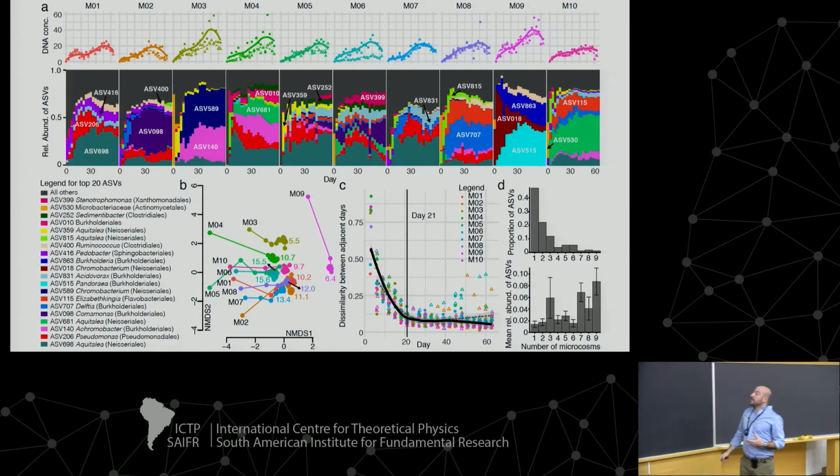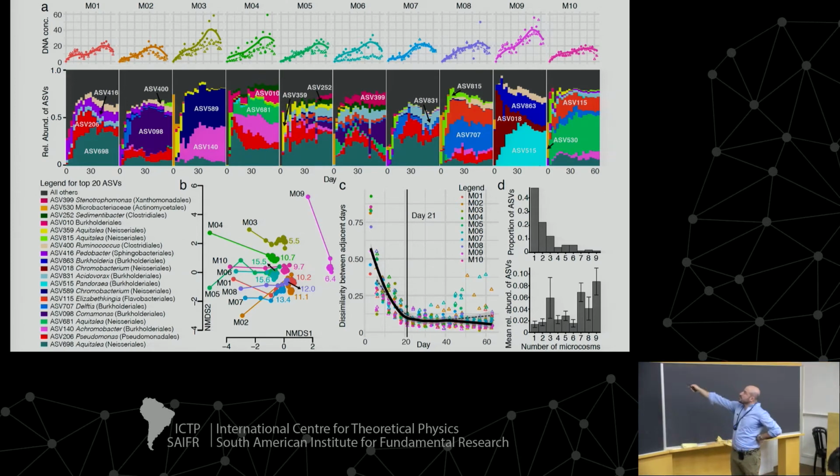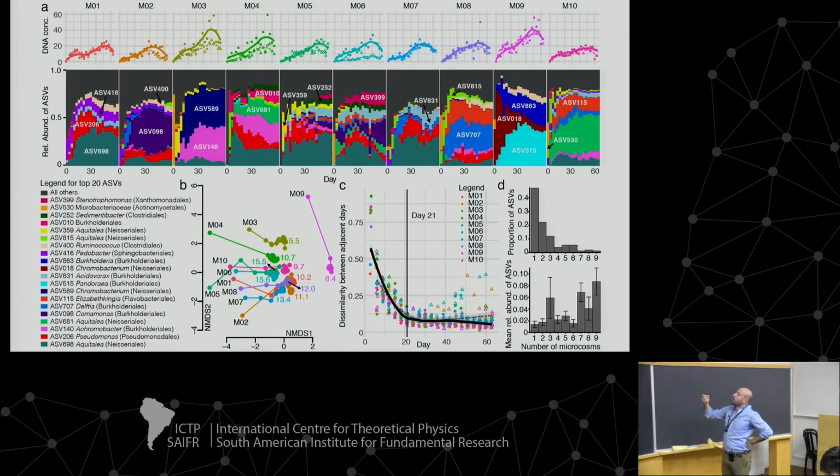And finally, I guess this is kind of interesting too. You can look at, for each of these ASVs, these ribotypes, species, whatever you want to call them, what is their multiplicity across these microcosms, meaning are they present only in 1, in 2, in 3, in 4, etc. That's the histogram that answers that question.